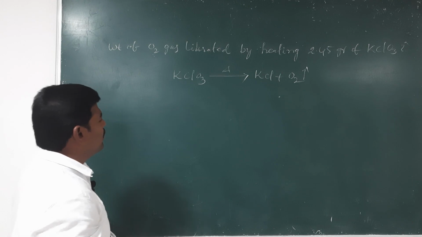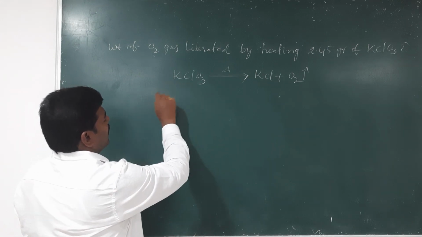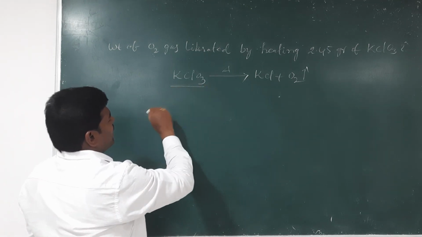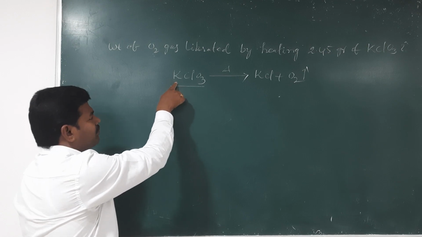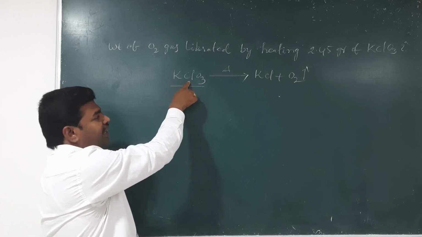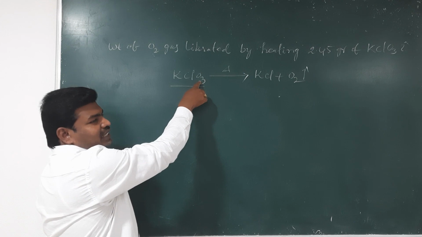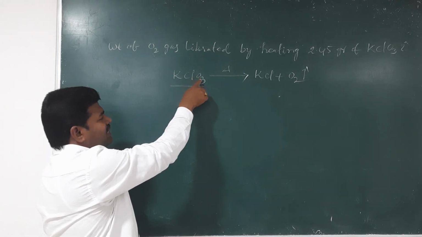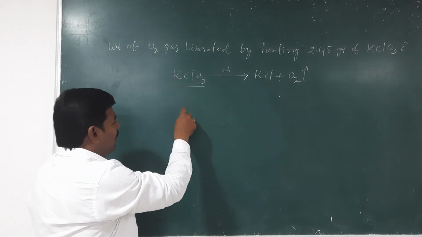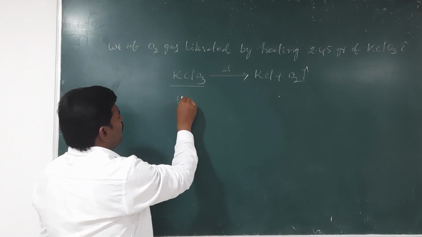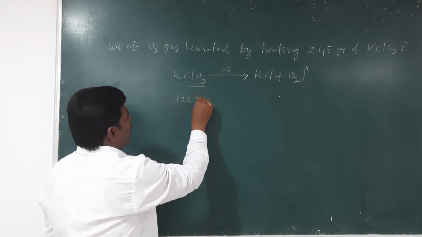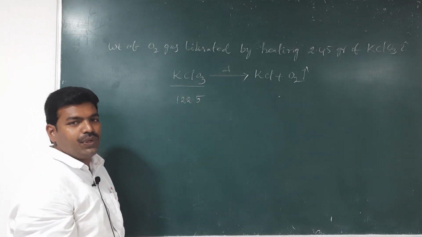For example, KClO3, its molecular weight: potassium 39, chlorine 35.5 and oxygen 16, 3 times 16 is 48. Together the molecular weight of potassium chlorate is 122.5.